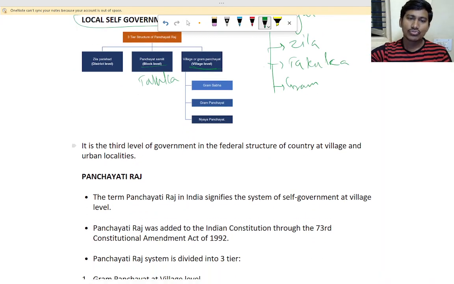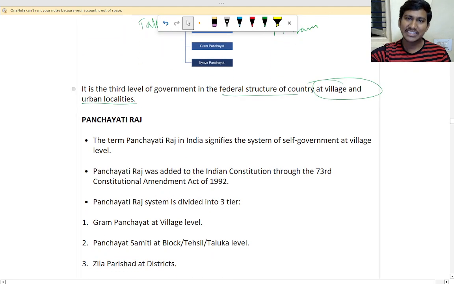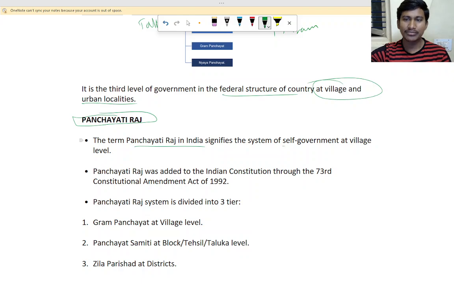This is how the federal structure of the country works at village level. Next, let us see Panchayati Raj, how panchayats are established. The term Panchayati Raj signifies the system of self-governance at the village level.